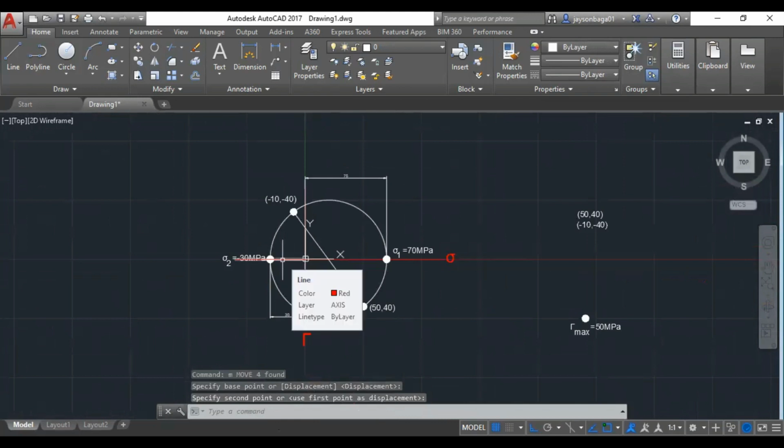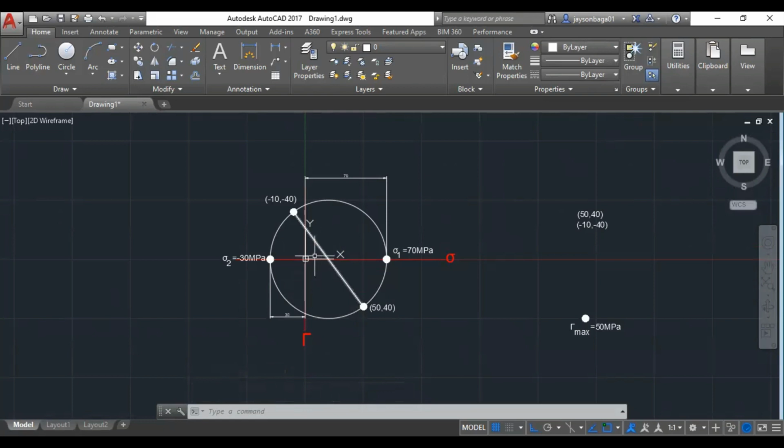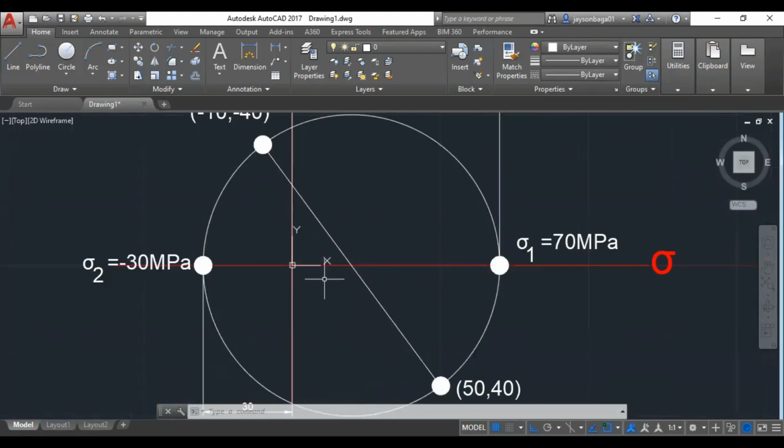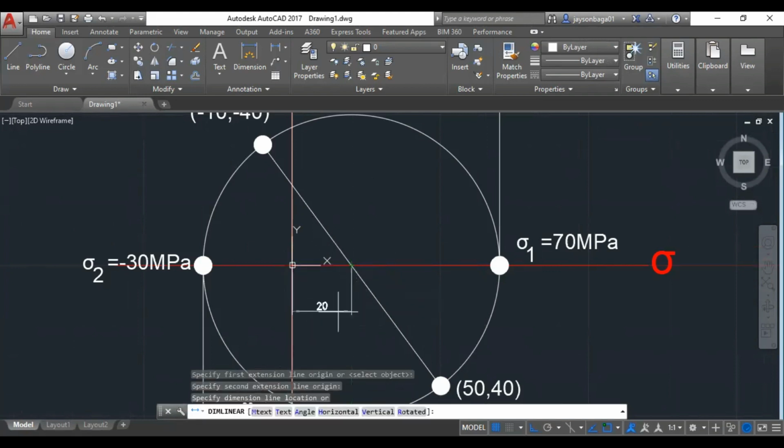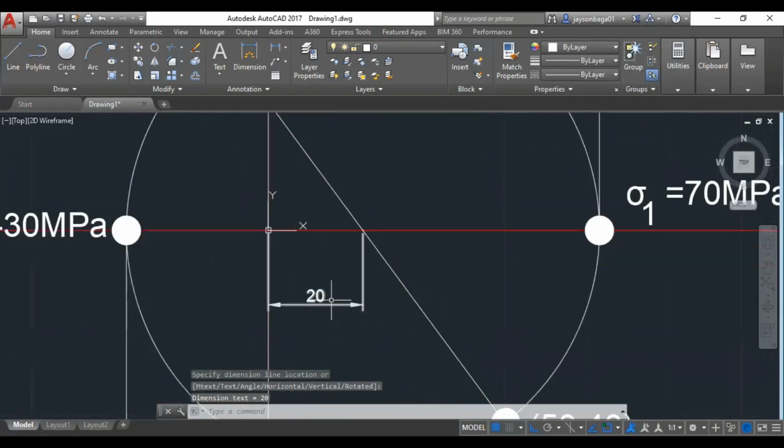So di ba ang pinapahanap din is yung average stress. So ano naman yung average stress natin dito? Yung average stress natin is yung distance mula dito sa center ng circle ninyo papunta doon sa point of origin. So i-measure ninyo yung distance manually, pero dito sa AutoCAD is DLI. So ang distance natin dito is 20.